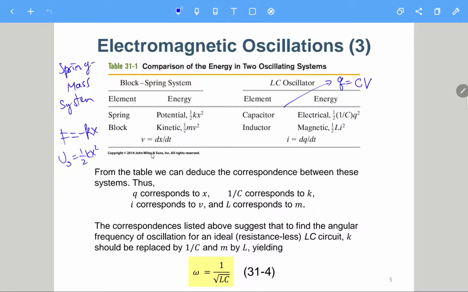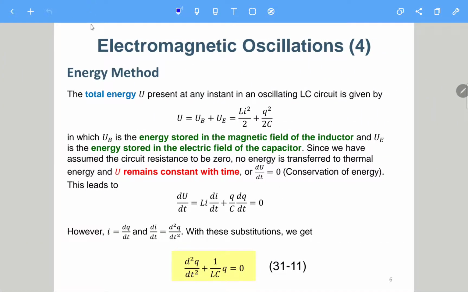Just like for the spring mass system, if you don't assume there is some friction force in between, or there are no losses in this system, then the spring mass system will oscillate forever. So now we assume the energy is conserved.